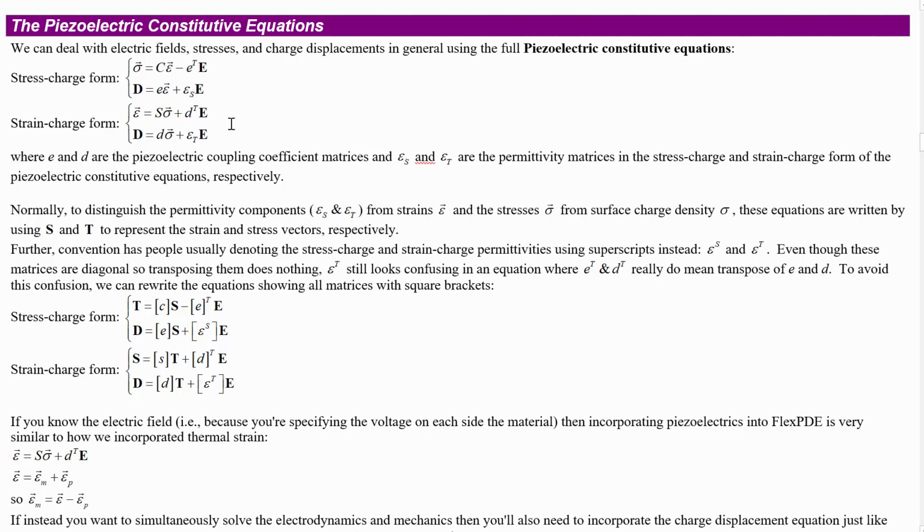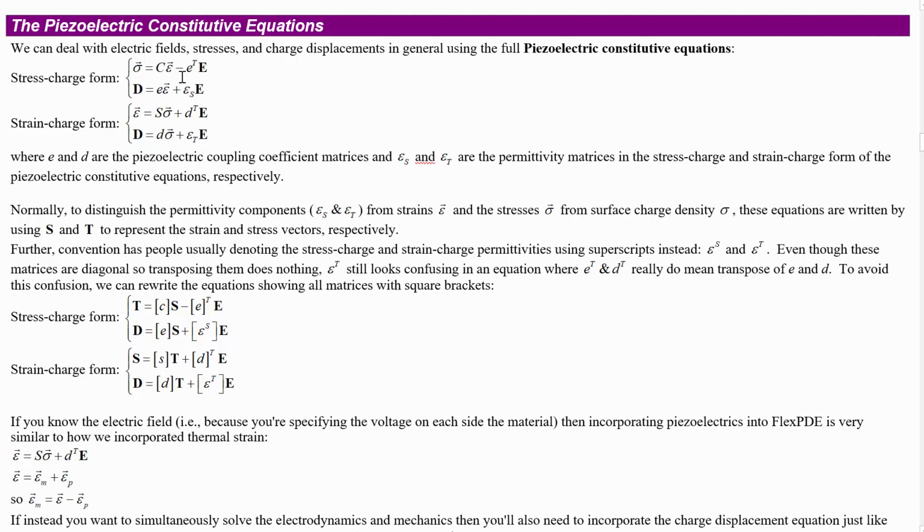But you can also write this using a piezoelectric coupling e matrix, and we'll see how these are related by combining these equations together. So that's another form of the piezoelectric coupling matrix you'll see. And there's a difference between the epsilon that's in the stress charge form and the epsilon that's in the strain charge form. We'll also see how to relate those together. If there's no stress or strain, no piezoelectricity, then we would just have that epsilon S has to equal epsilon T. So it must be that the thing that relates epsilon S and epsilon T goes away if the material is not piezoelectric. We'll see that again soon too.